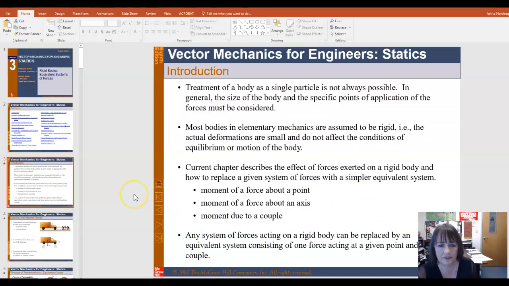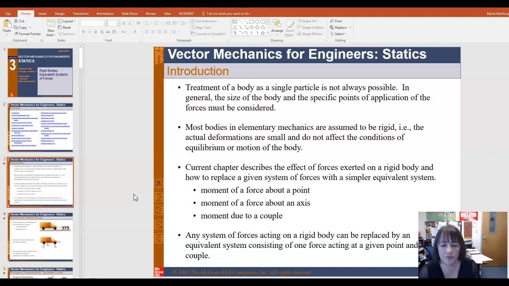The difference between a particle and a body is that in real life everything is a body, but sometimes there's enough symmetry or it's small enough that you can consider it just to be a single point. So for a body of any size or shape other than completely symmetrical, we need to consider those elements as well.